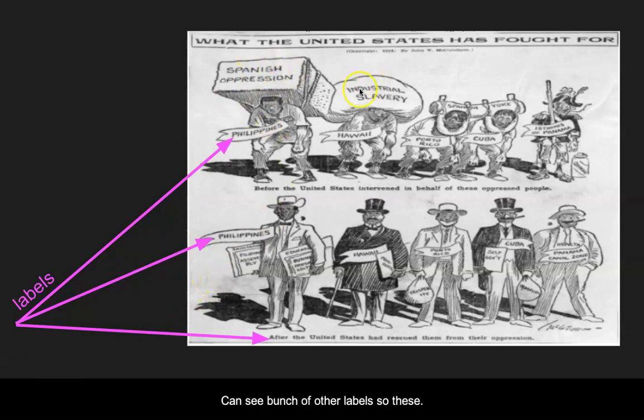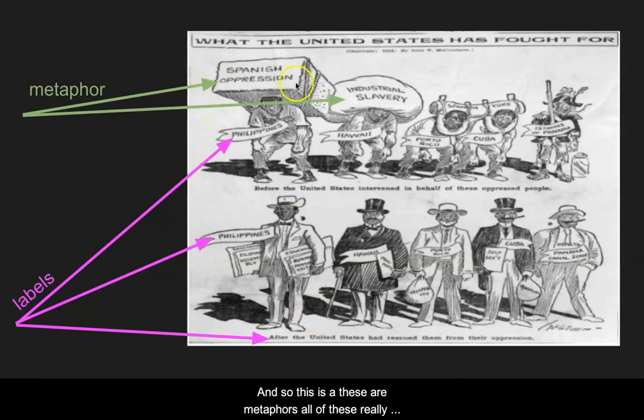So these metaphors, or these rocks, and looks like a stone as well. These yokes are all labeled with oppressive things. And so these are metaphors. All of these really are metaphors, including down here. And these are just metaphors for the oppression of the people.